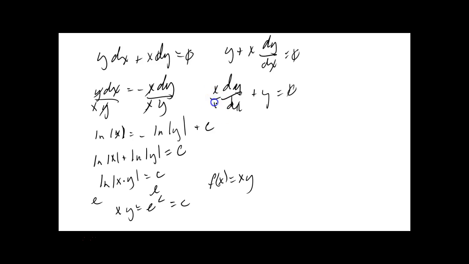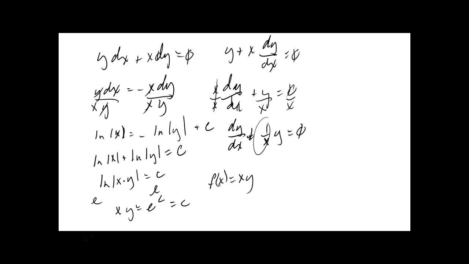Then divide everything by x, and you have dy/dx plus 1 over x times y is equal to 0. Here's your p of x, and you're ready to go. You integrate p of x, you get log x. You take the e of that, you get x, and you'll get the same answer: alpha of x equals xy plus some constant c. So, pretty simple form.